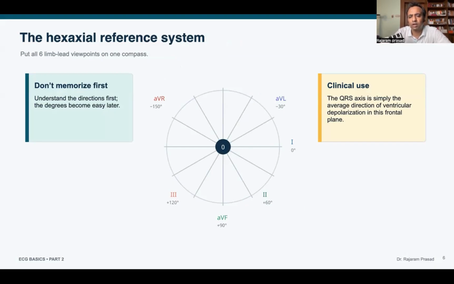The QRS axis is simply the average direction of ventricular depolarization in the frontal plane. Here aVL is minus 30, lead 1 is 0 degrees, lead 2 is 60 degrees, aVF is 90, lead 3 is 120, and aVR is minus 150. You need to understand this and memorize it. For both Einthoven's triangle and this axial reference system, there's no other way. Draw it and memorize it.